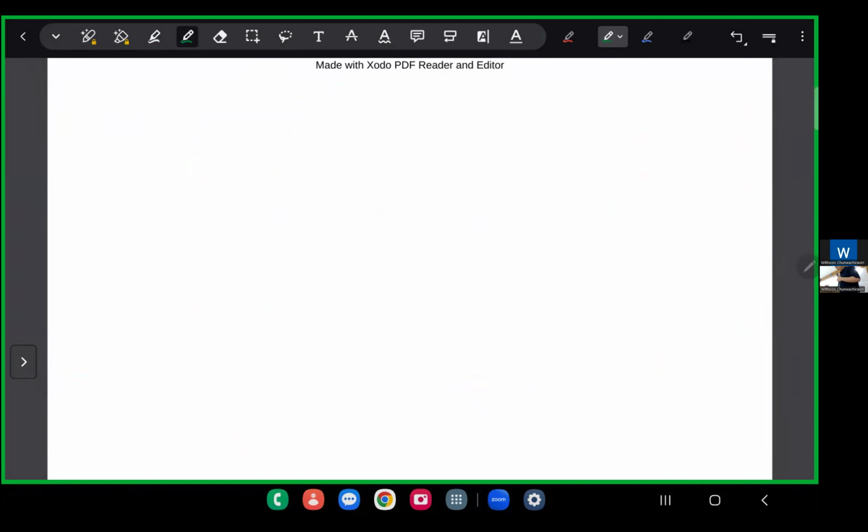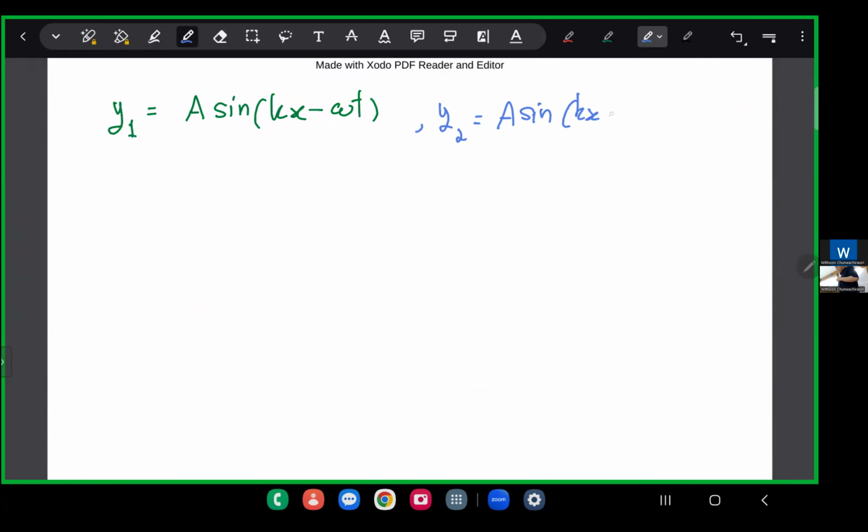If I write down the first wave, it looks like sine(kx − ωt), and I write down another wave as sine(kx + ωt).